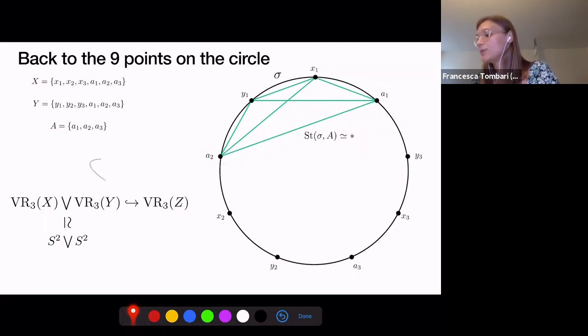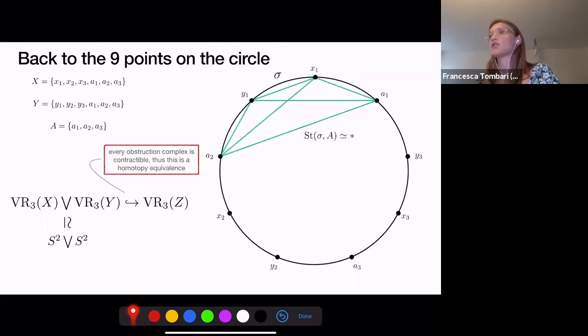And this can actually be proved for every obstruction complex associated to such sigmas in K minus P, which meant, for the previous theorem, that this inclusion map is a homotopy equivalence.